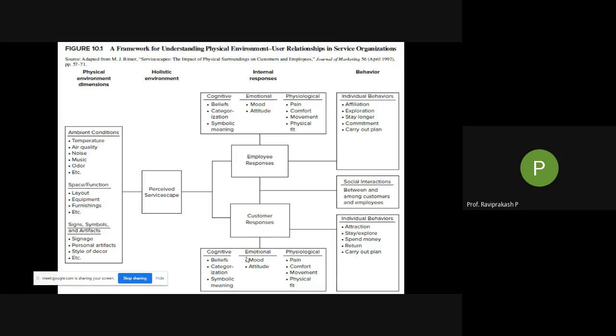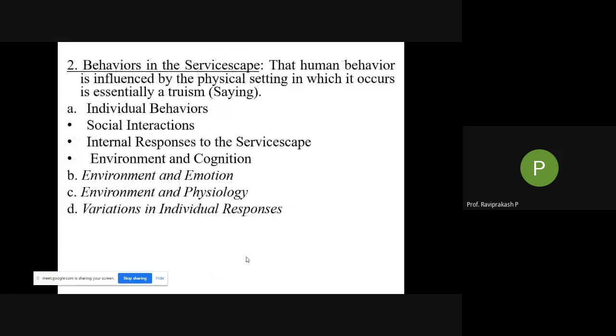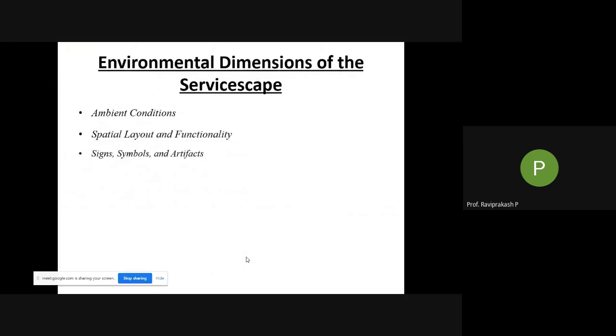Okay, so that is what is called the framework. This framework gives you the setup where a particular customer comes in, has that particular service done, and leaves. So the same thing is here with the layout. I explained all the things here.